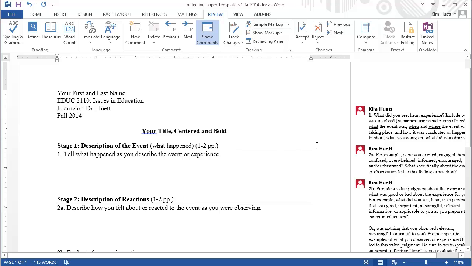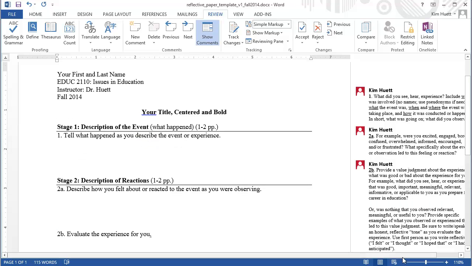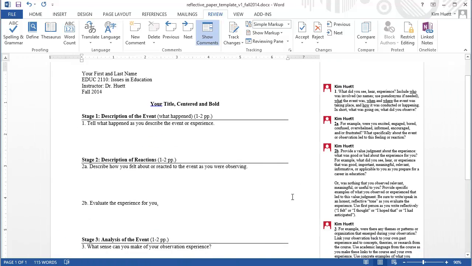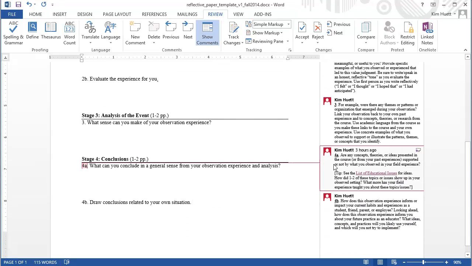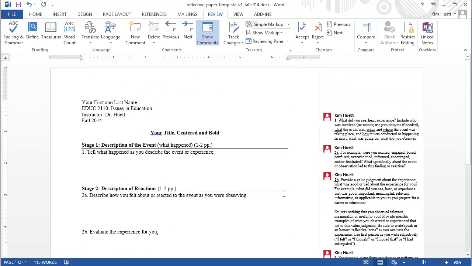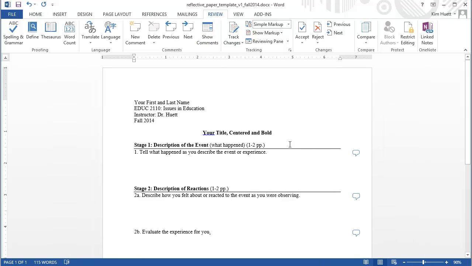Okay, by default, usually the comments show, and in the older versions of Word they don't look exactly like this, but it's very similar. In the older versions of Word, it's more like little colored balloons, and either way is fine. And so what I can do when I open your paper is I can download it, and then I can turn off the showing of comments, and it won't bother me if you keep the comments there.